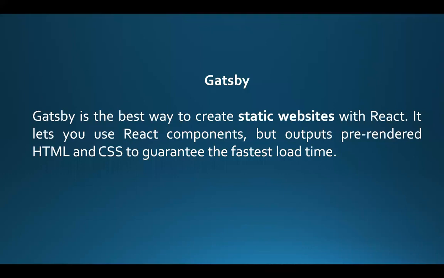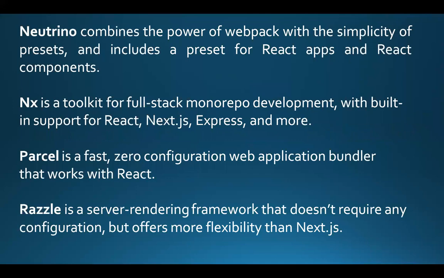React is also used with Gatsby, and React is also used with Neutrino. Neutrino is used for building effective React components. And we have NX. NX is used for creating monorepo development applications. What are these?